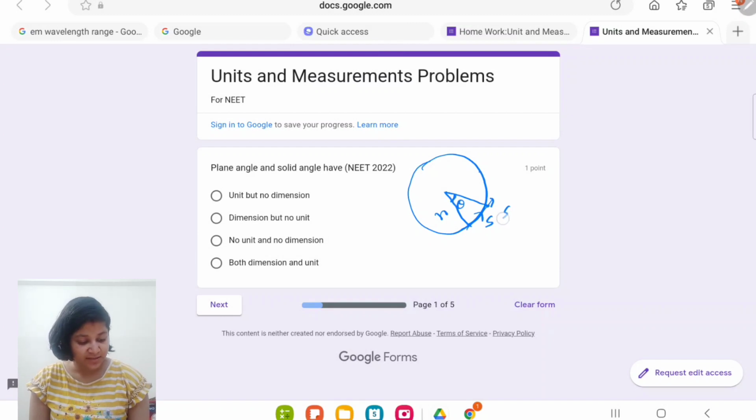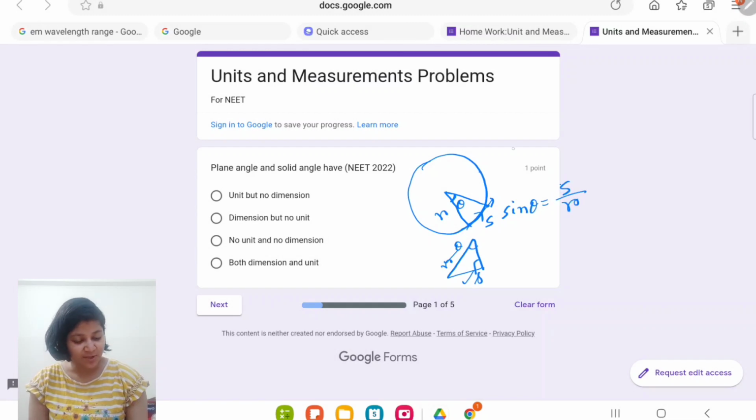So we can write sine theta is equal to, this is our right angle triangle, this is the right angle and this is theta. So sine is this divided by this, or s divided by r.